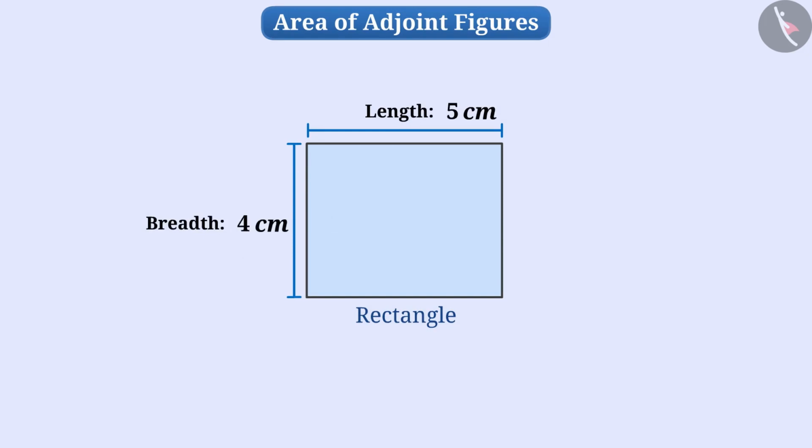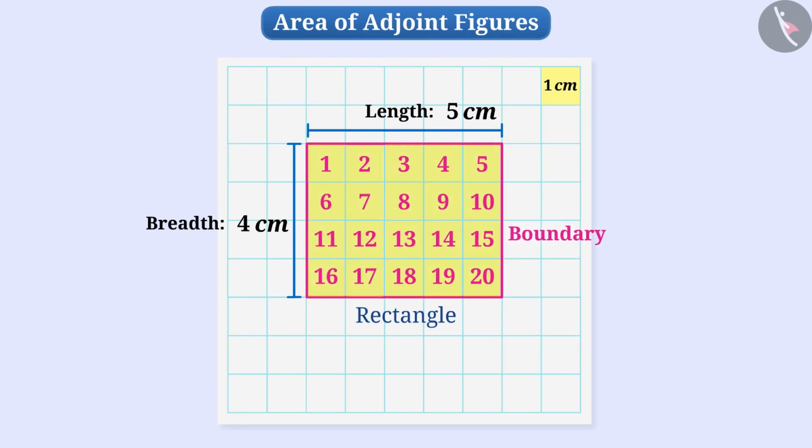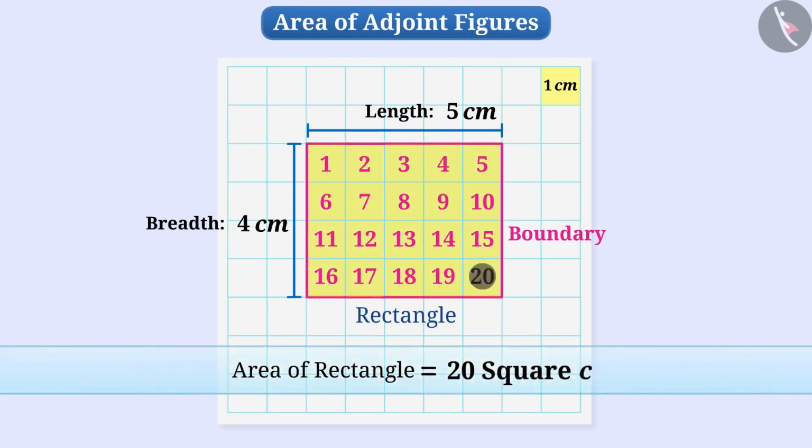If we place it on a squared paper consisting of squares of side 1 cm, then we see that the boundary of this rectangle encloses 20 squares. We say that the area of rectangle is 20 square centimeter.